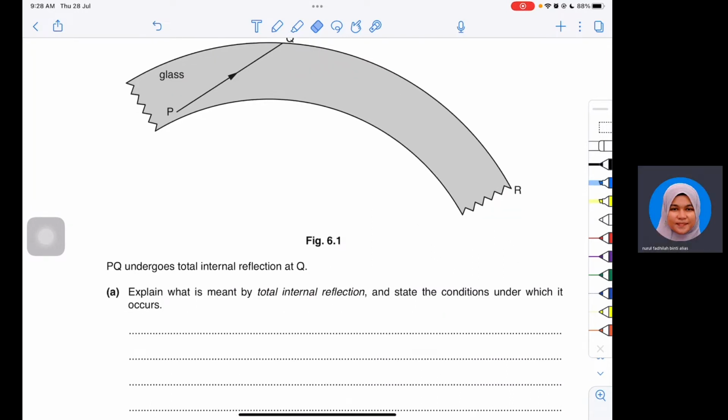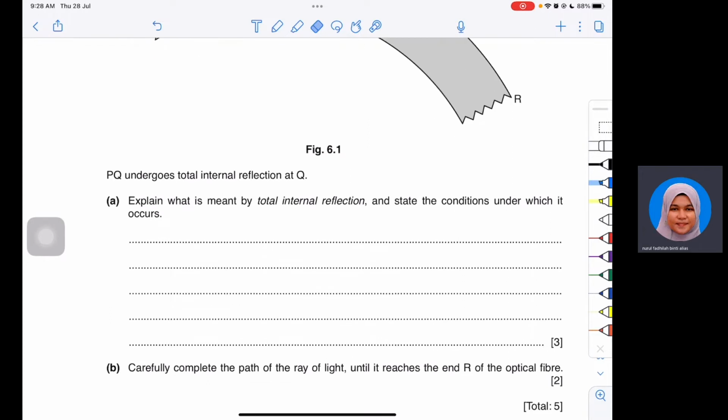Explain what is meant by total internal reflection. So how many marks here? 3 marks. So that's not that difficult, very easy. In fact, it asks to state the conditions under which it occurs. Okay, that's easy. You know them already. First, what is it? We discussed this thoroughly last time.